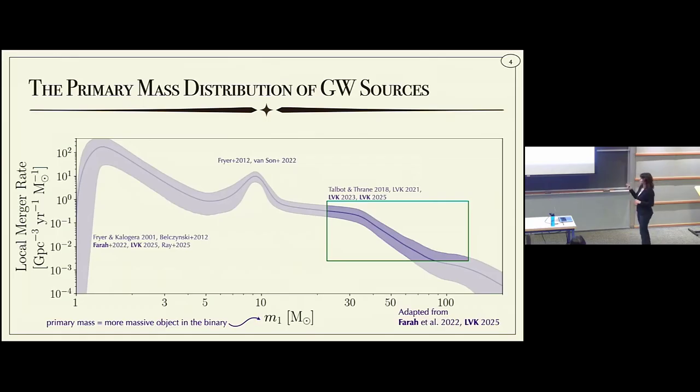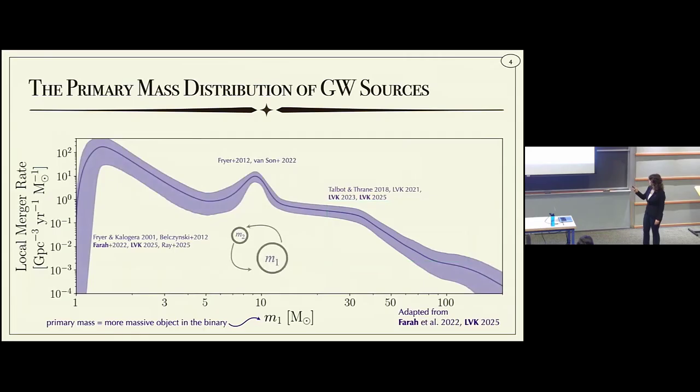This particular model favors shelf-ish morphology, but the thing that everybody agrees on is that the rate is higher at around 30 solar masses than it is at around 50, 55 solar masses. I'm going to talk a lot more about this feature later, and I think other people have already talked about it.